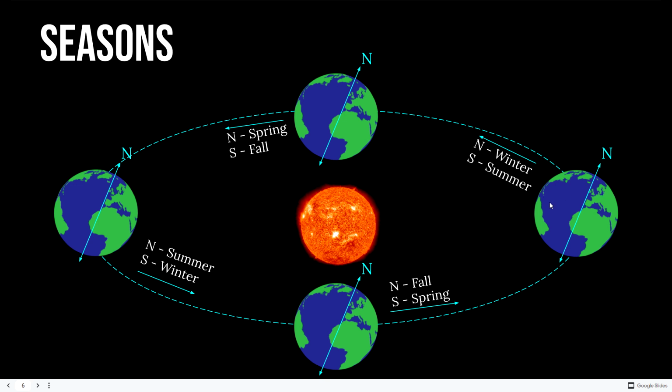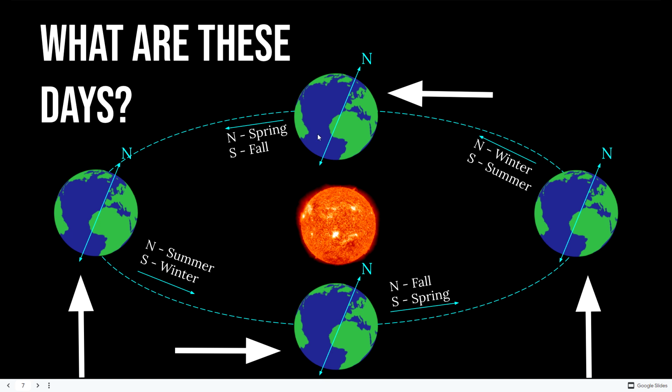So that is your summer and winter. The axis does not change positions. It stays the same in relation to the sun. It's just how we move around the sun that determines which area of the globe is getting more direct light. And that is because of the axis tilt.